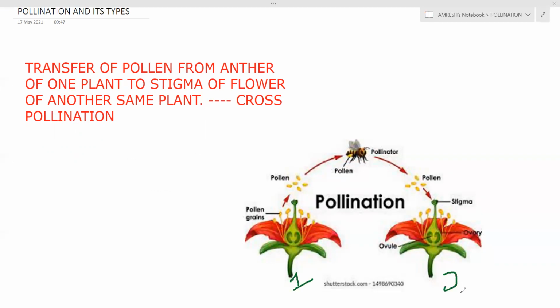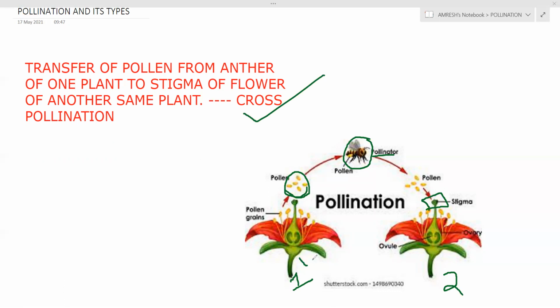Pollen grains are taken from one plant by a pollinator insect and deposited on the stigma of the other plant. This is called cross pollination.